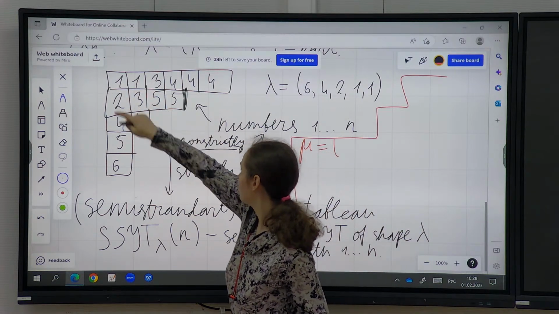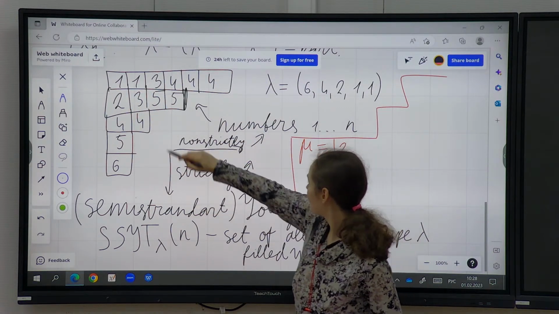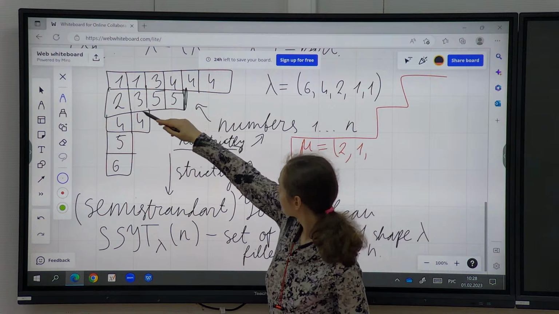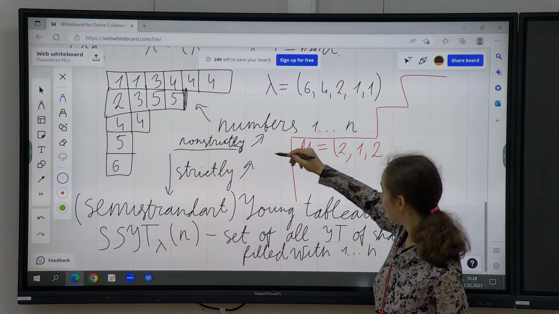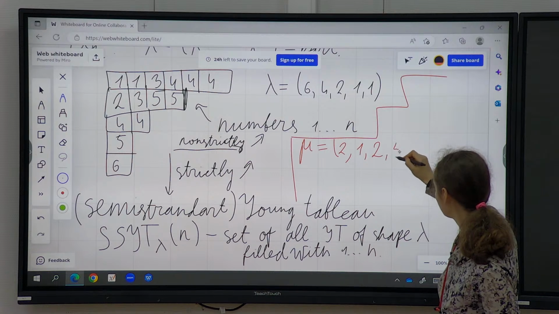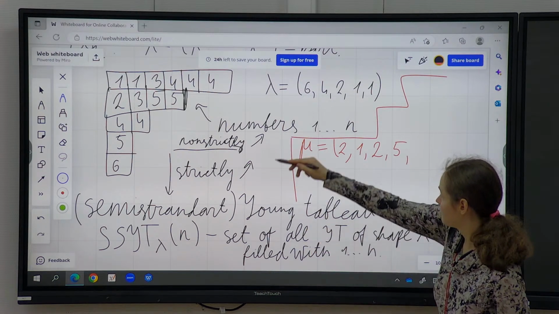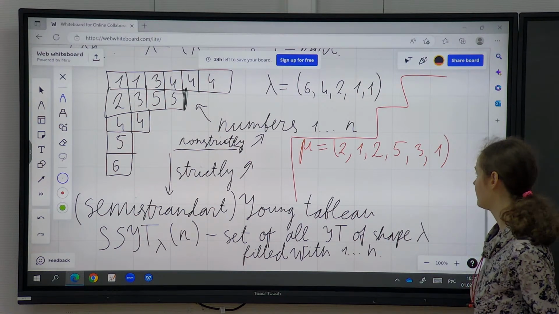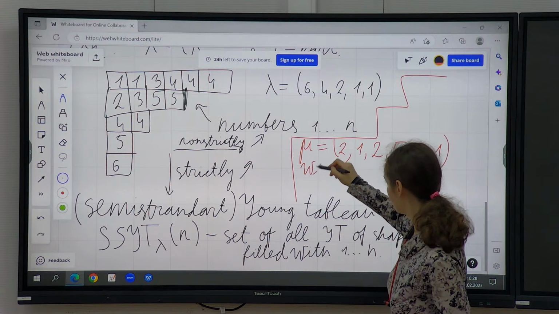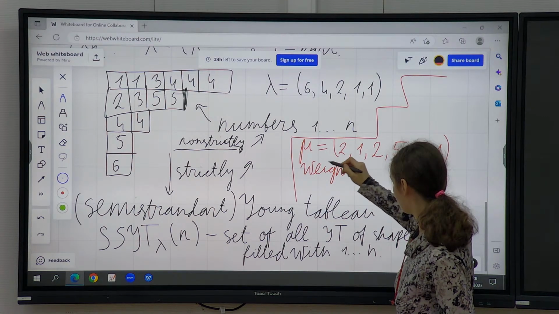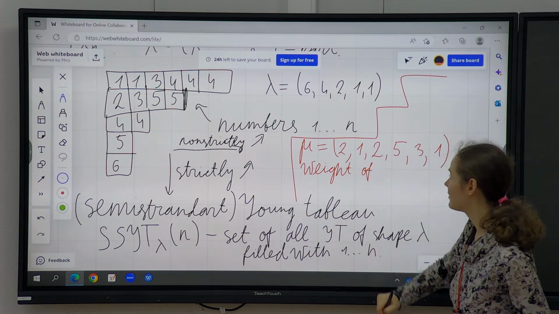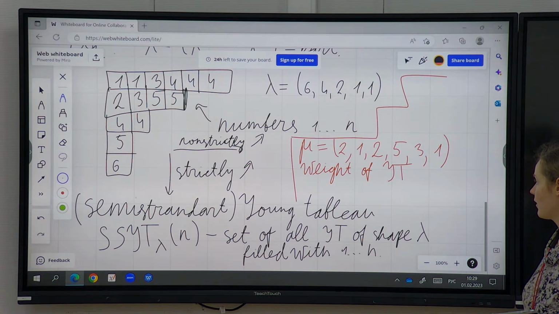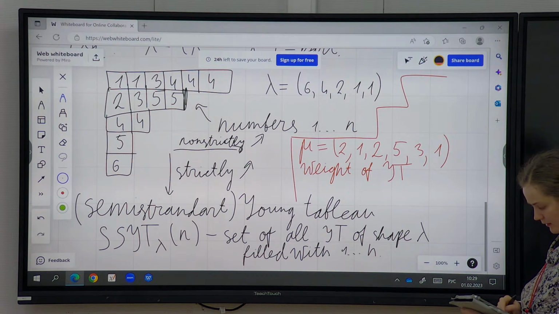So here we have 2 ones, 1 two, 2 threes, 5 fours, 3 fives, and 1 six. So this is the weight of our Young tableau. Right.